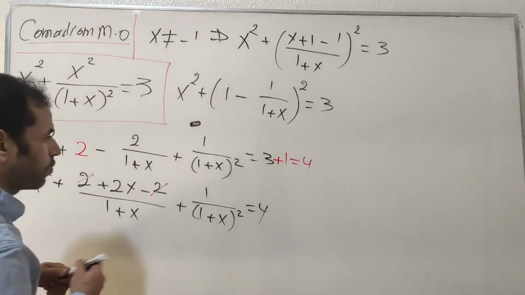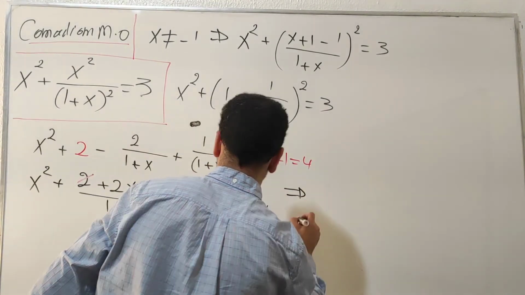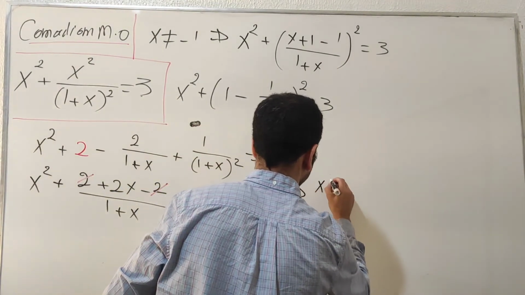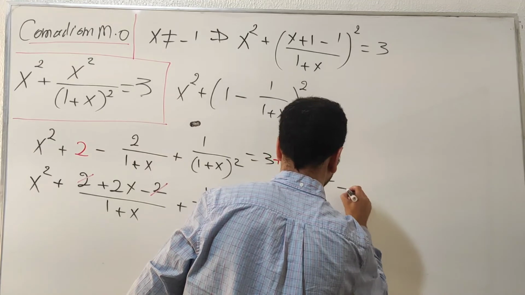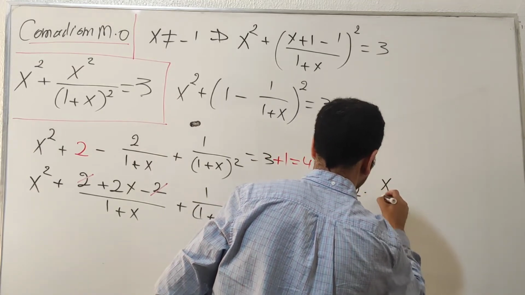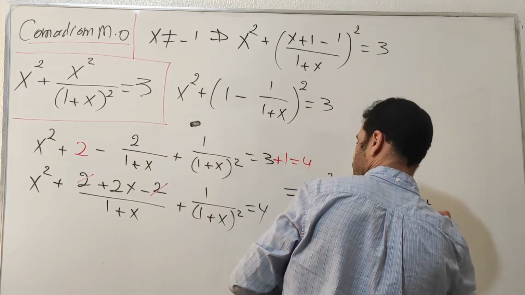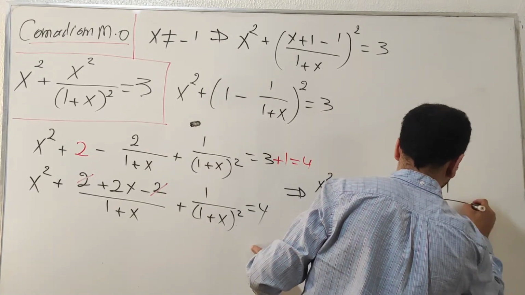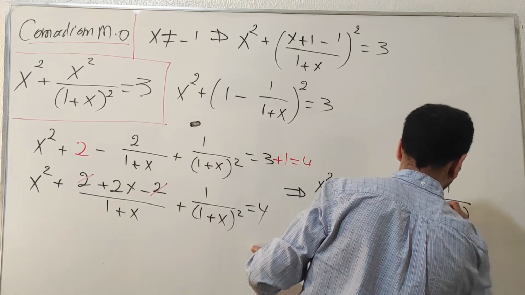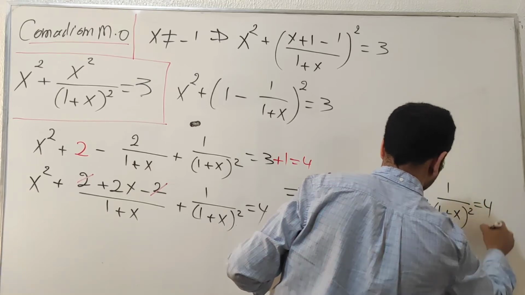I will be left with x squared plus 2 times x over 1 plus x plus the last term, which is 1 over 1 plus x squared. Everything equals 4.